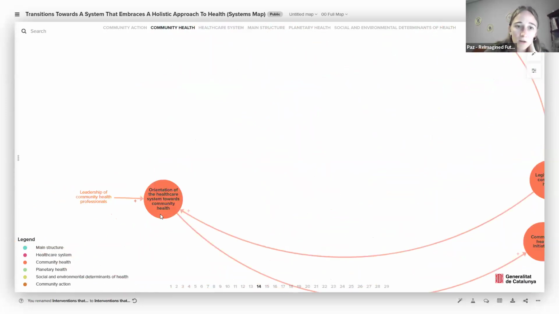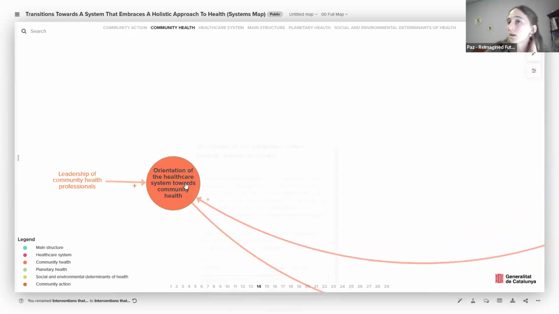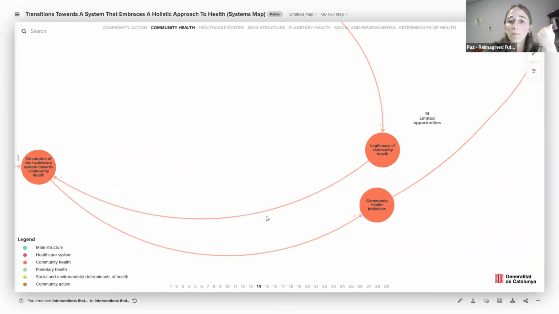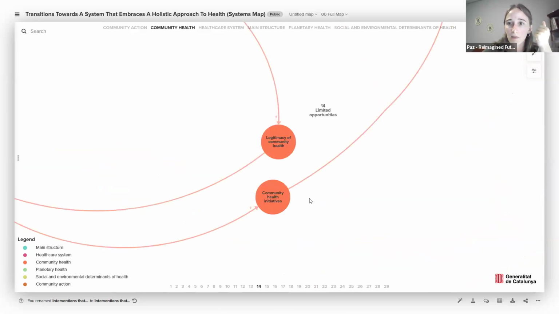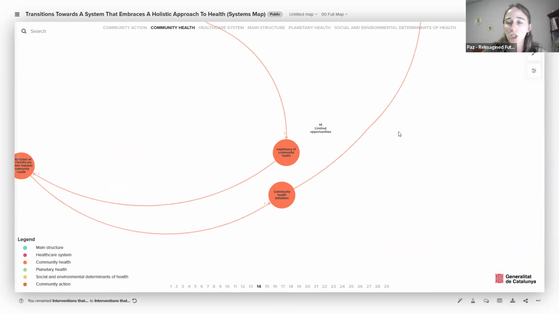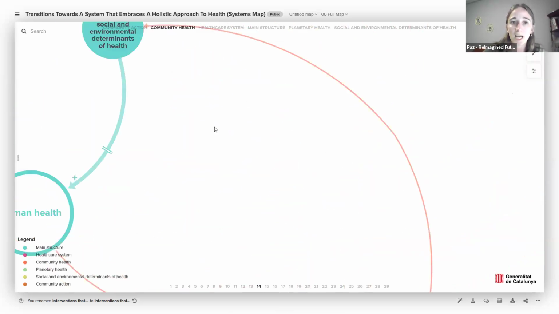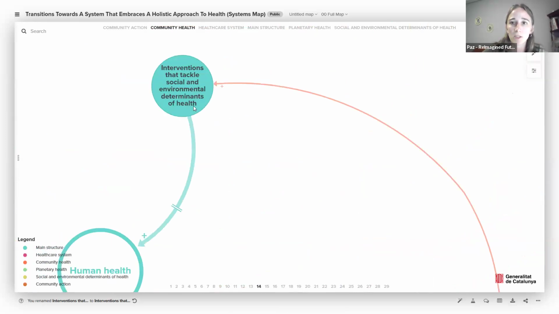The limited orientation of the healthcare system towards community health leads to few initiatives that could tackle the environmental and social determinants of health.